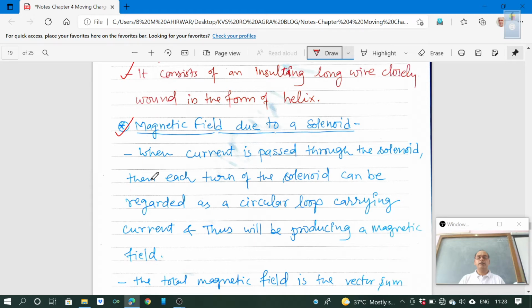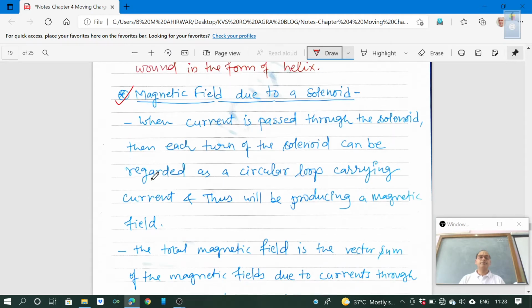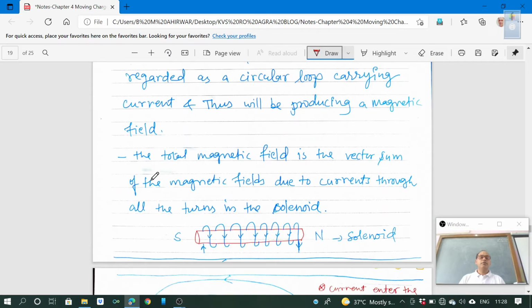Each turn can be considered as a single circular loop carrying current, and since a loop carrying current produces a magnetic field, now suppose we have to find the total magnetic field due to the total number of circular loops. The total magnetic field is the vector sum of the magnetic fields due to current through all the turns in the solenoid.